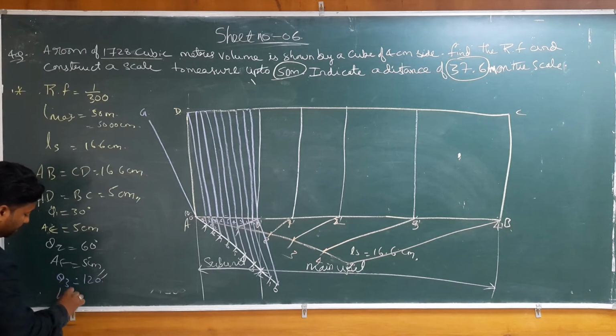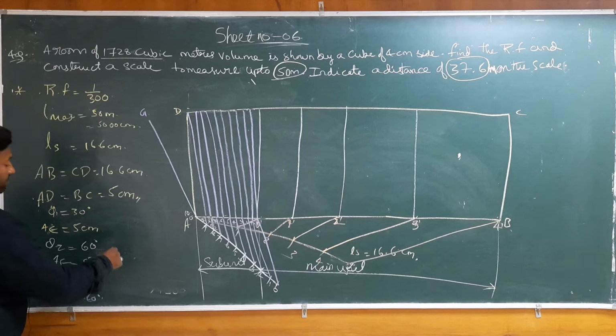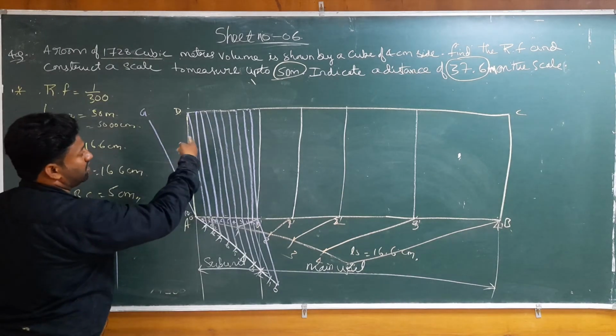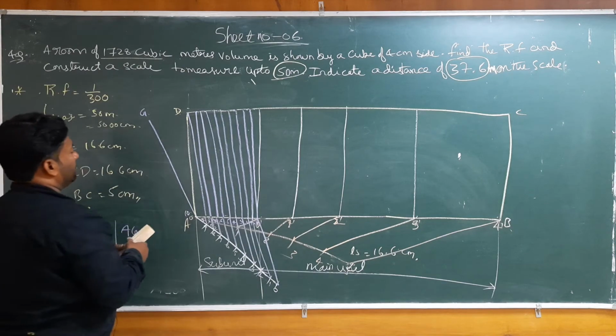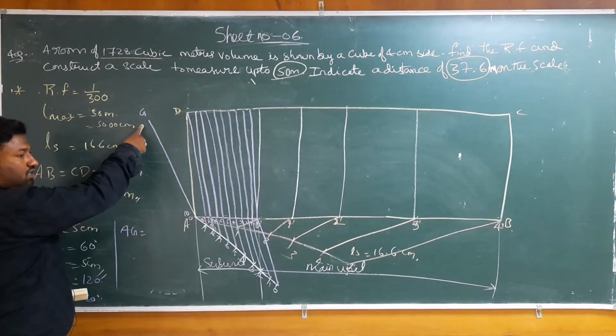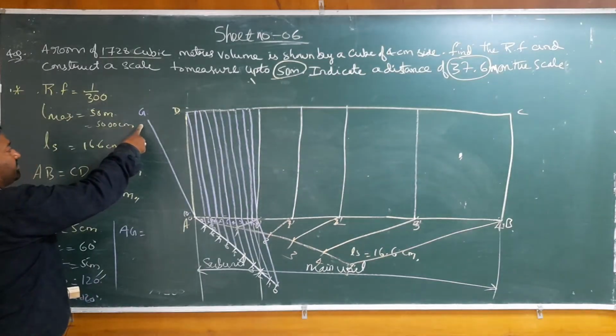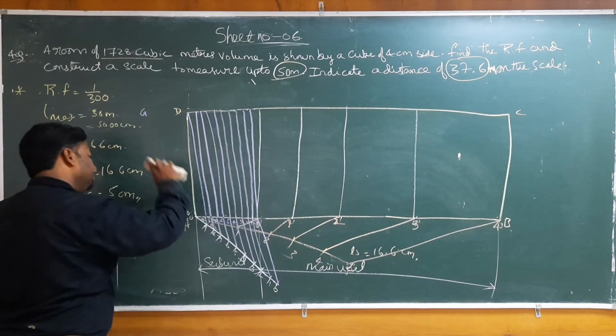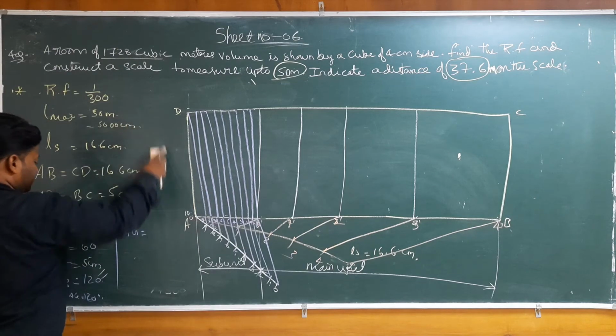Angle BAG is equal to 120 degrees. And the length of AG is equal to, how many do we require? Already 5 is there. So we can divide the line by taking a 5 centimeter line, or else because it is in a metric unit, no need to go for this AG or theta 3.